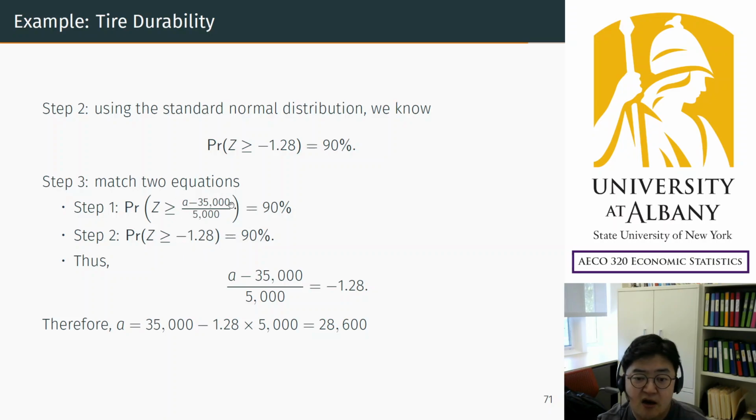So we set up another equation like this, move the denominator to the other side, and add 35,000 on both sides, so that you get A equals 35,000 minus 1.28 times 5,000, which is 28,600 miles.